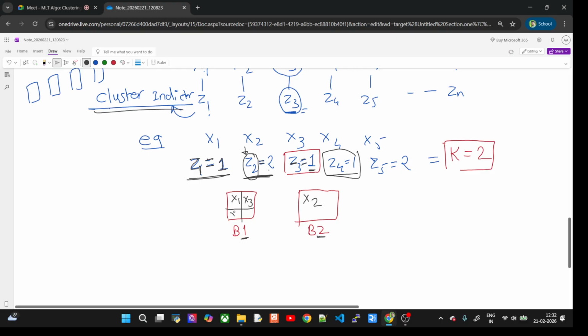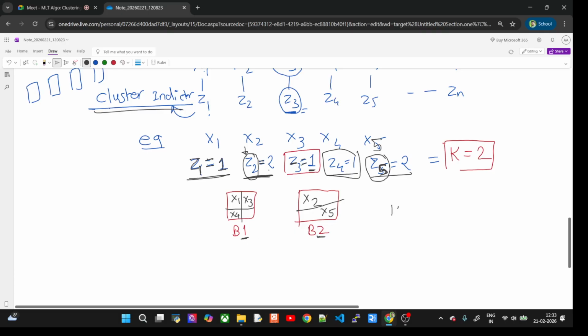And x5 is the data point and z5 is its cluster indicator, which is saying that it is going into box number 2.